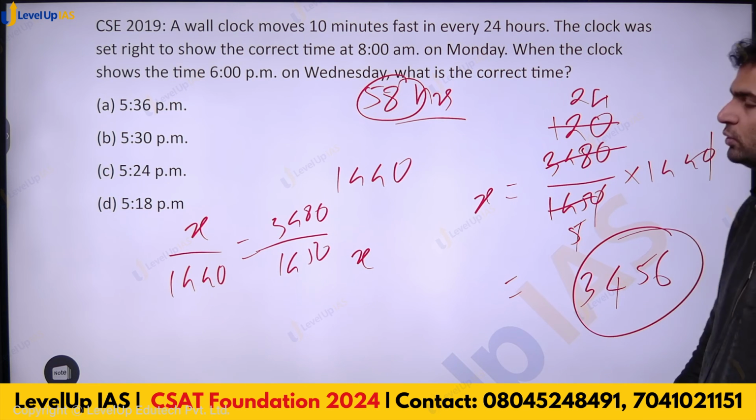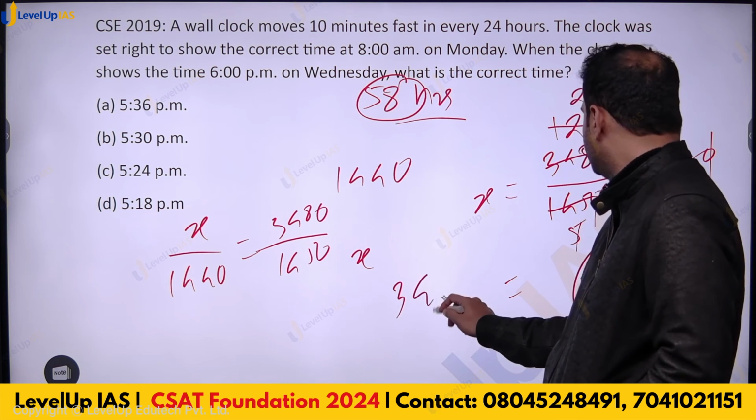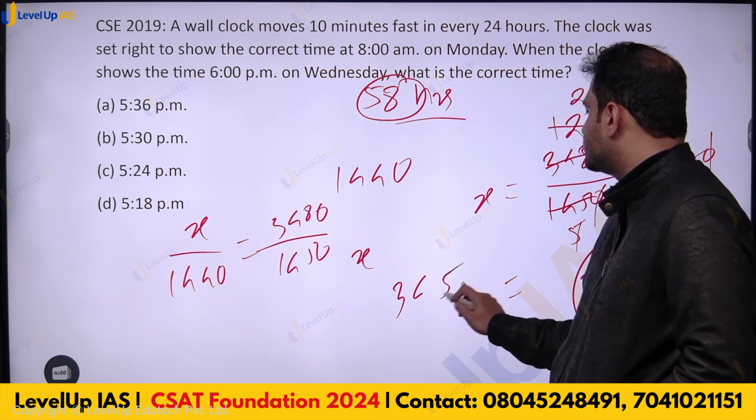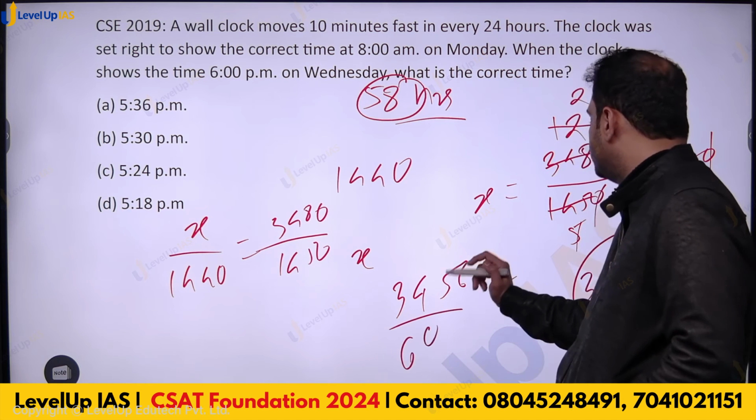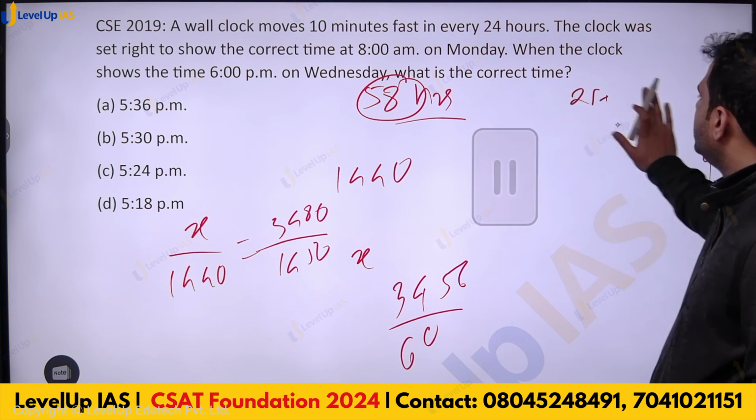Now we convert this into hours by just dividing by 60. So we have 3456 divided by 60 is equal to, I want to see how many complete hours have gone by.